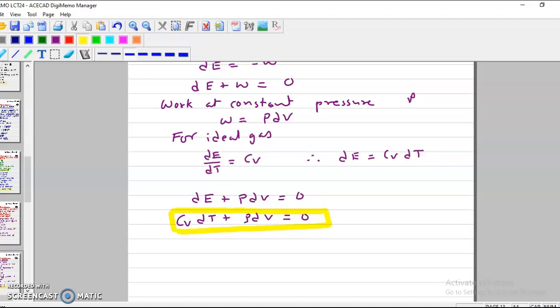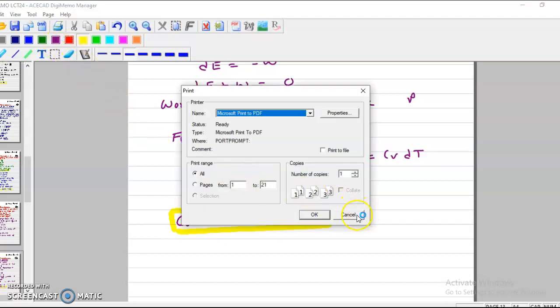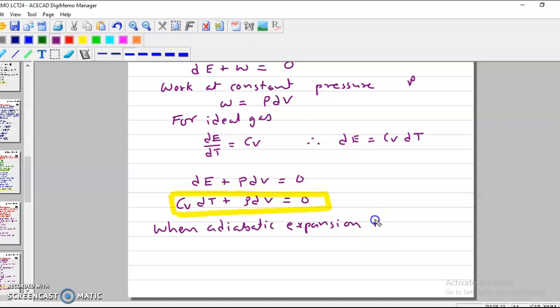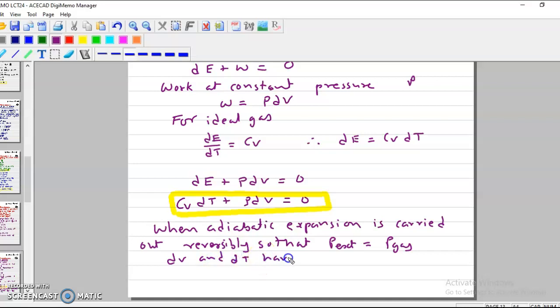Okay, and in this formula, when adiabatic expansion is carried out reversibly, so that P external is equal to pressure of the gas, and dV and dT have opposite sign.